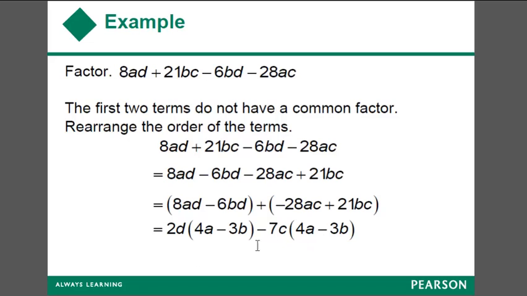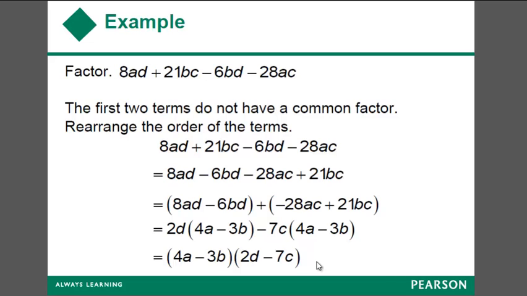Notice my sets of parentheses are the same, which is the way I want them. I can factor out my common factor of 4a minus 3b, and I'll be left with 2d minus 7c. So I have 4a minus 3b times 2d minus 7c in the factored form.